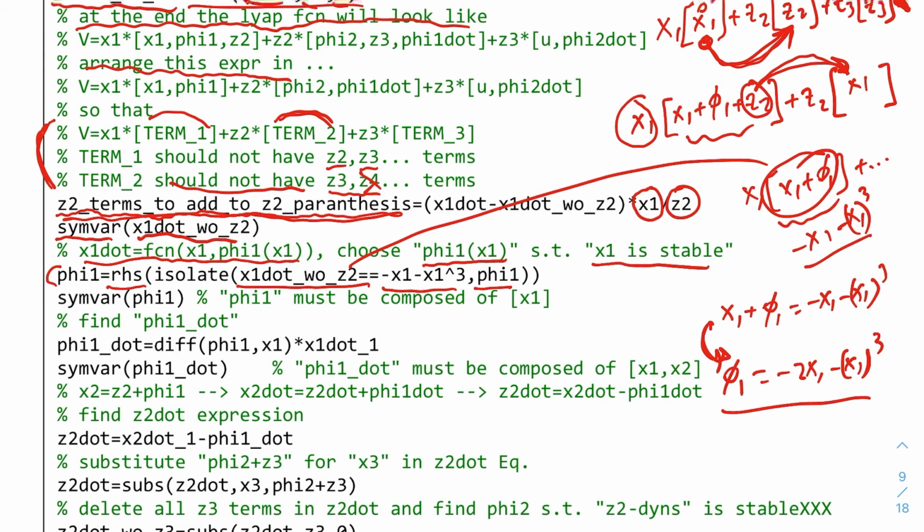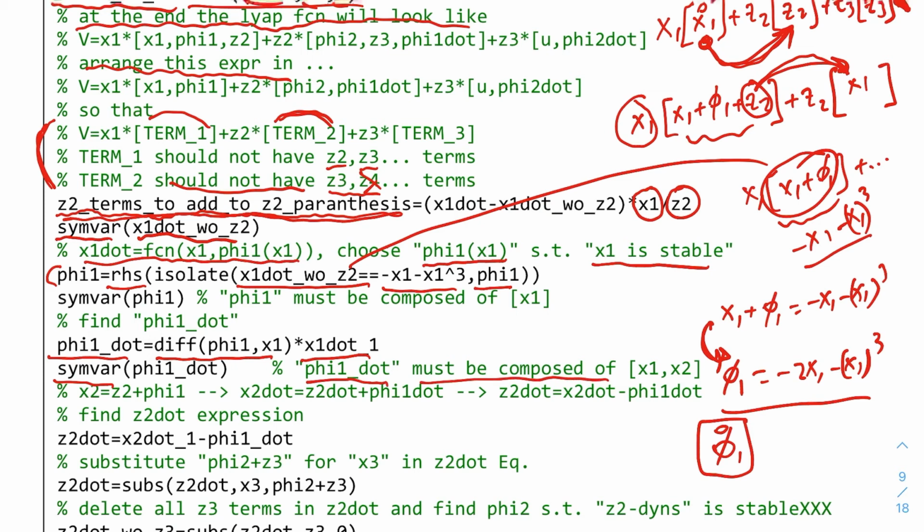You will need phi 1 dot. For that you need to take the partial derivative with respect to x1, because x1 is the only variable that phi 1 depends on, times x1 dot, and check the dependencies with that function.